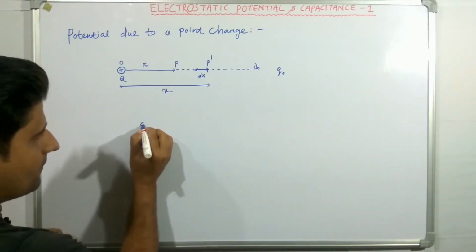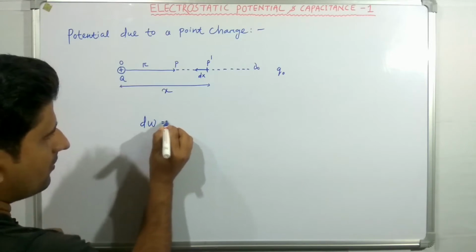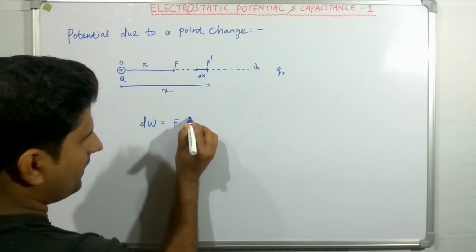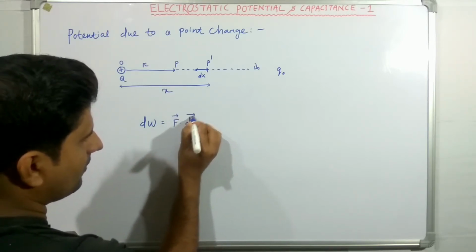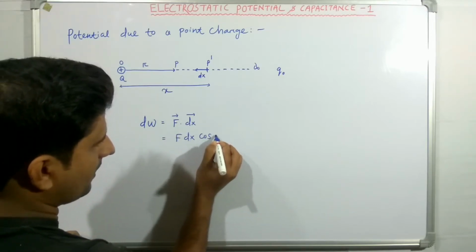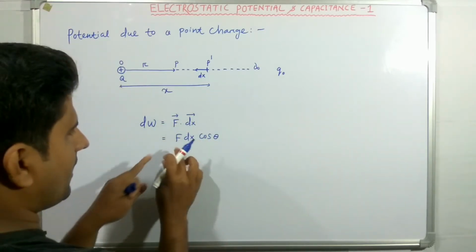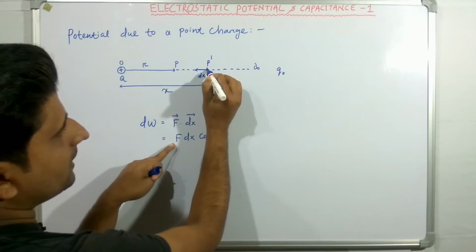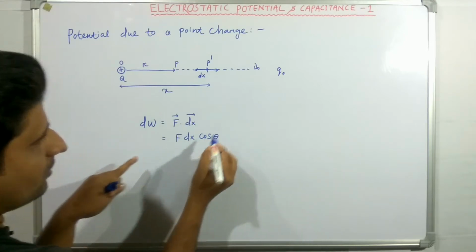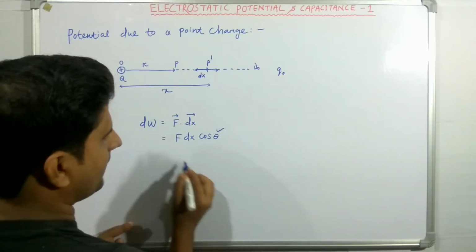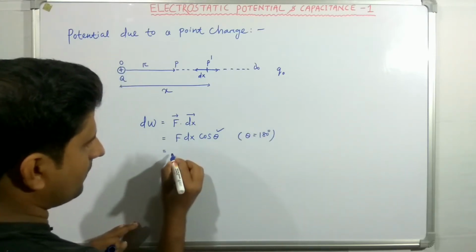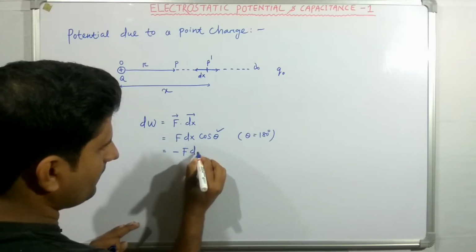The work done for a small distance will be F dx cos theta. Here F is the electrostatic force and its direction is opposite to the displacement, so theta is 180 degrees.